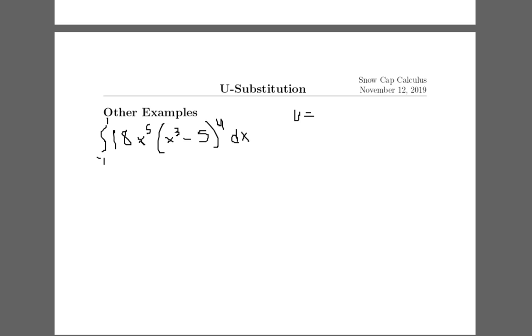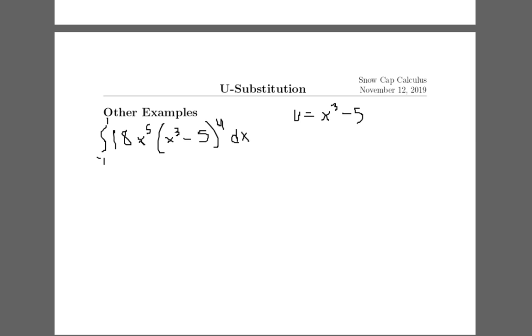I have u equals, you'd set u equal to, well, I guess in this case it wouldn't be the largest power. Okay, so I guess not in every case you want to do the largest power. Well, I guess it would be the largest power because it's under the, so it'd be x to the 3rd minus 5 to the 4th.